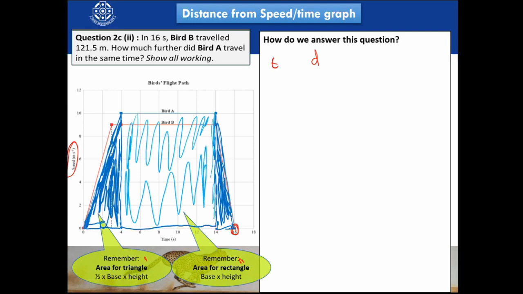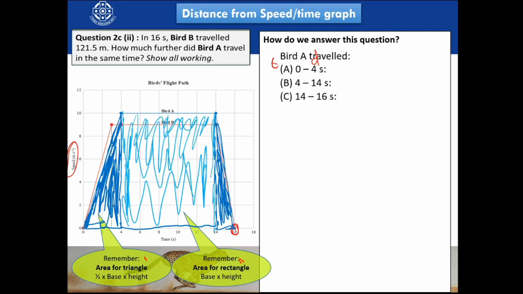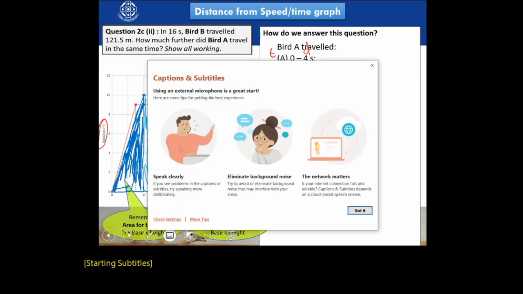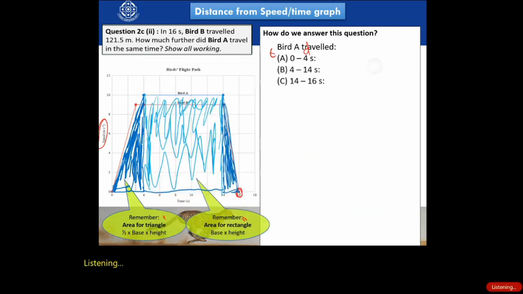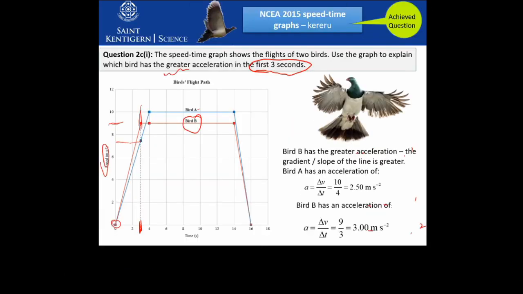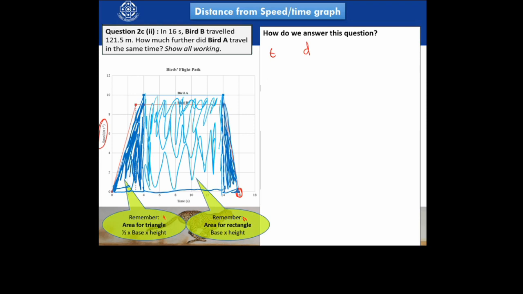Alright, so I'm hoping you all can see what I'm doing here. Forget about the red line. So we have a triangle and a triangle and a rectangle. Now, to calculate the area of a triangle, it's quite simple.